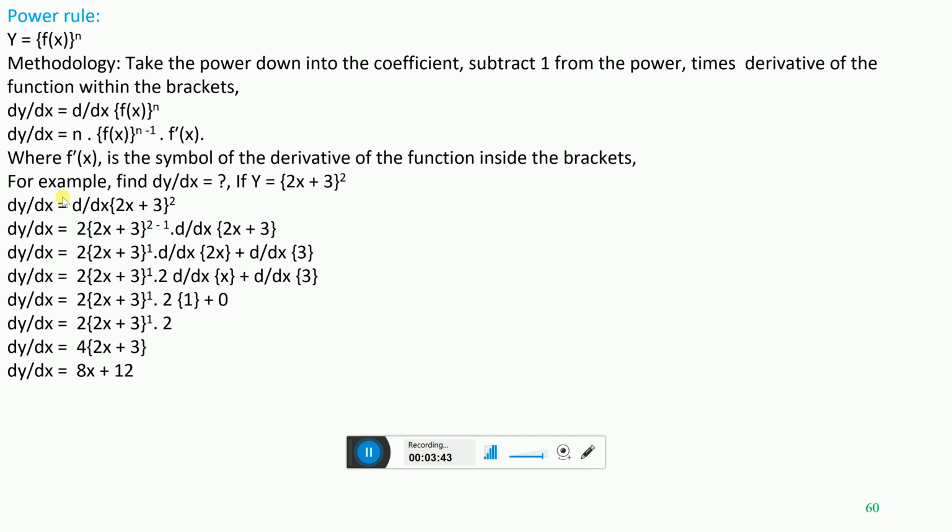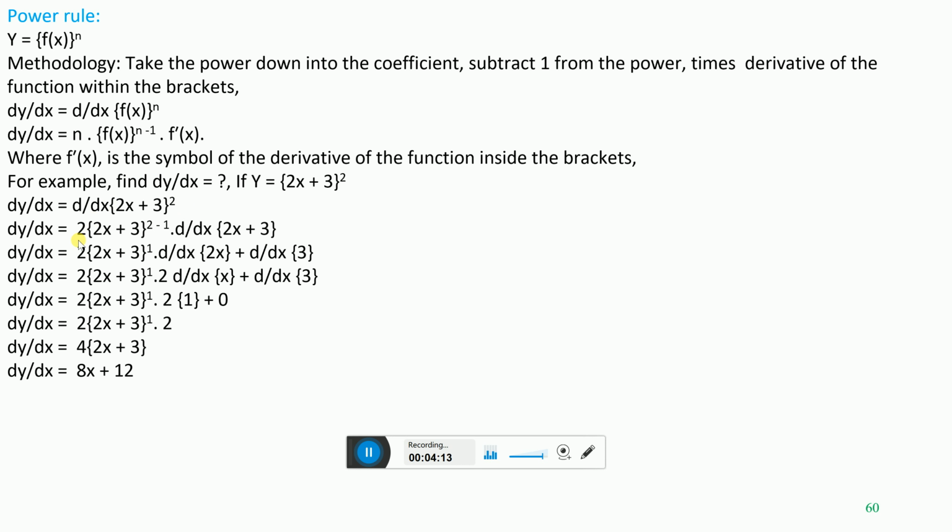I just applied derivative on the left hand side of the function, means y, and I applied derivative on the right hand side of the function, 2x plus 3 whole raised to the power 2. For the time being we just apply the symbol of the derivative. In the next step I am taking the derivative. So dy over dx is equal to, this is the power rule, we will take this power 2 down to the zarib.